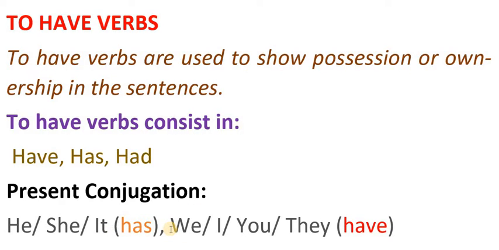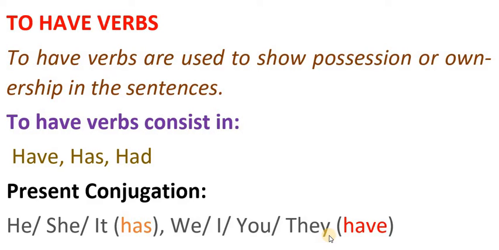And for plural subjects we use have. For example, these are just some kinds of plural: we, I, you, and they. They function as plural subjects, as well as Alex and Mark and Jessica and Ellen and many other plural nouns.